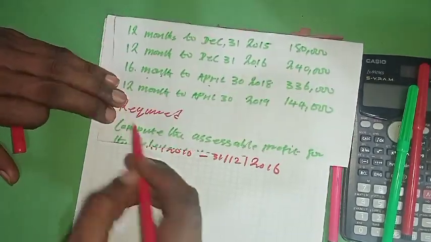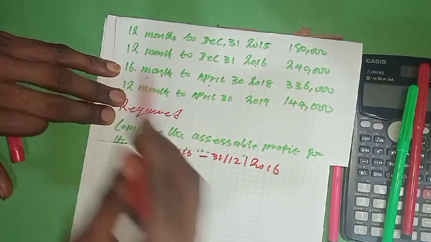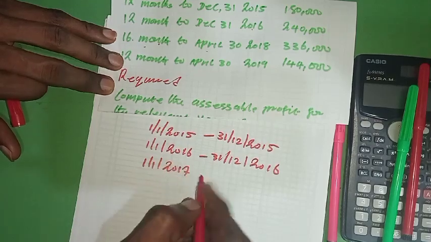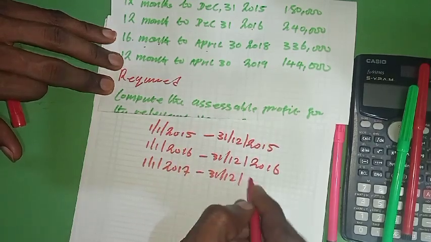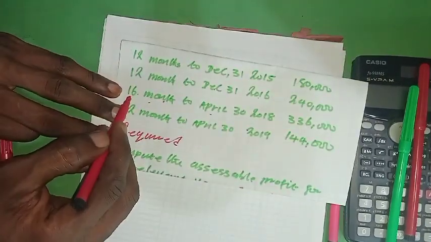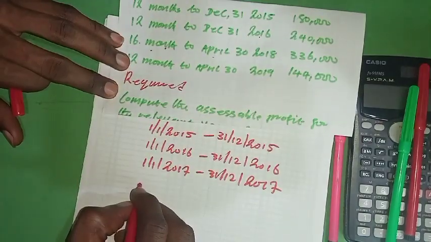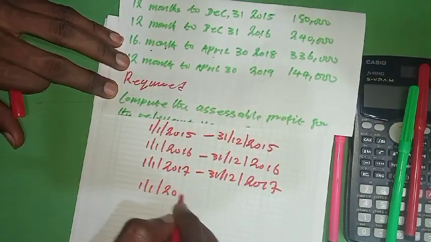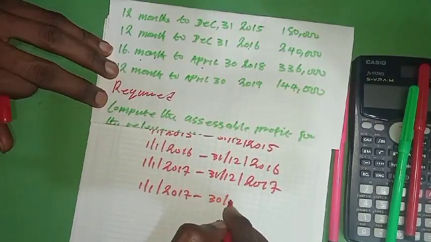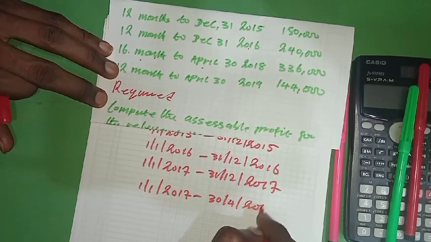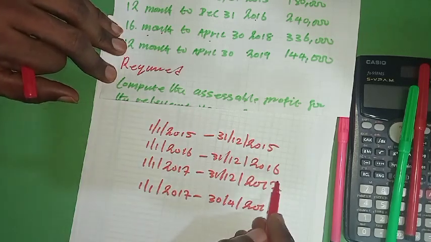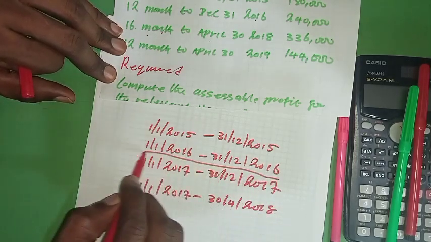Now the third year, instead of them to prepare the normal accounting period to 2017, they now decided to prepare a 16-month account, which is 1st January 2017 to 30th April 2018. So the year at which they fail to prepare the account is 2017.